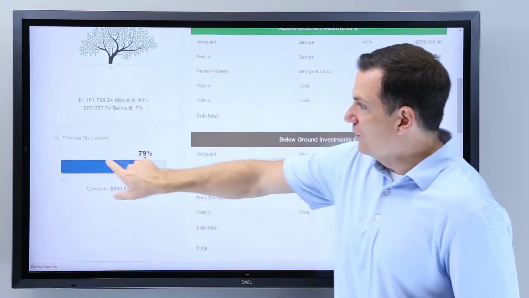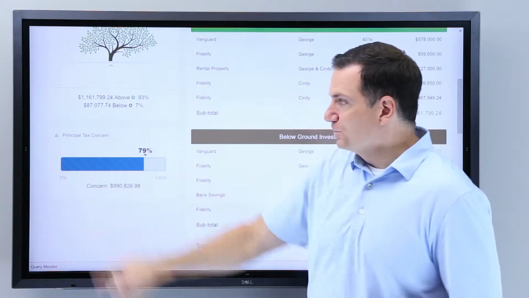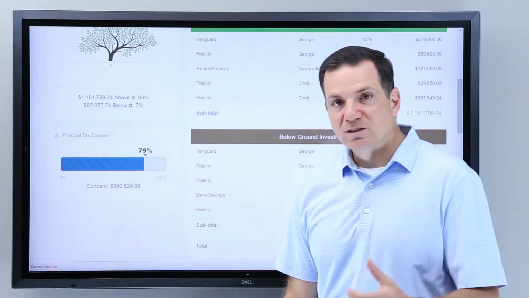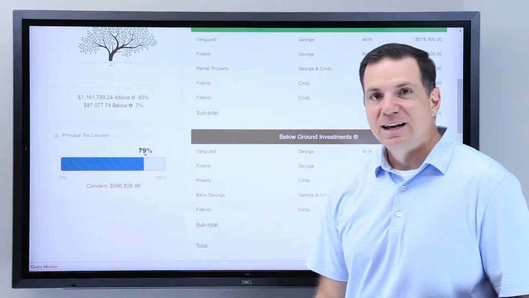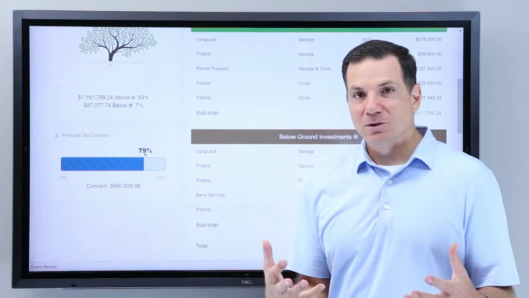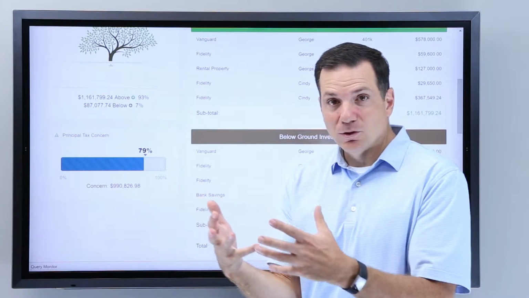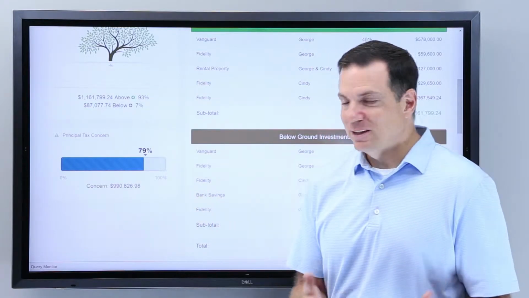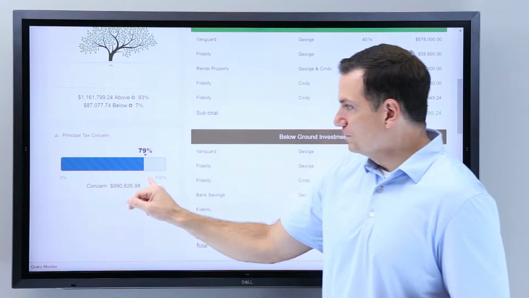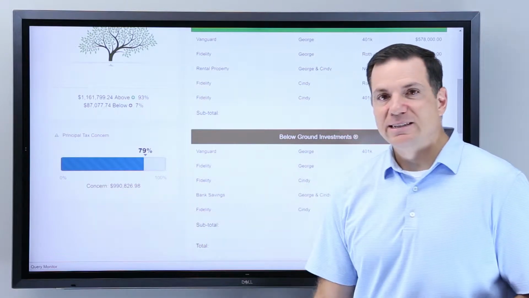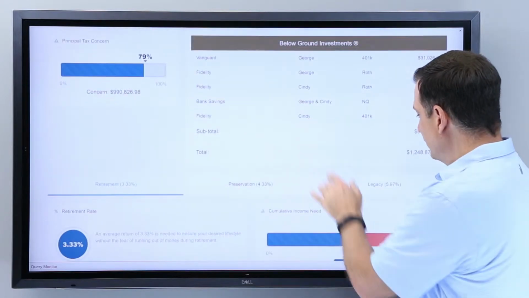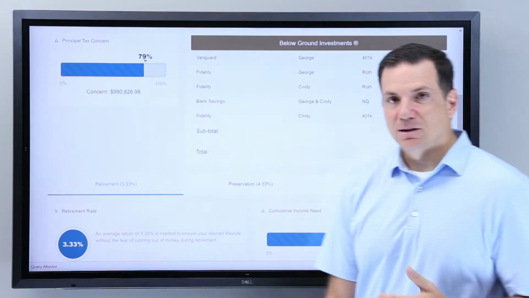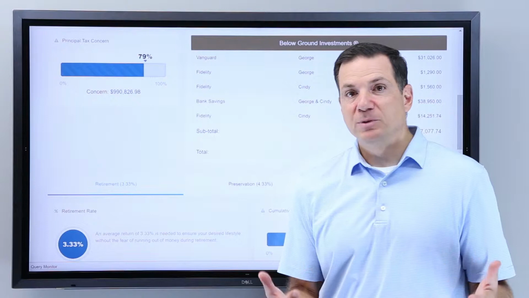Another thing that we like to talk about is what's considered to be principal tax concern. Your principal tax concern is how much of your portfolio is fully taxable in the eyes of Uncle Sam. So in this example, we've got a $990,000 principal tax concern. To put that into perspective, this client has $1.25 million.